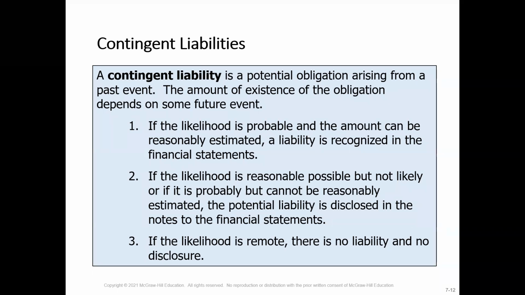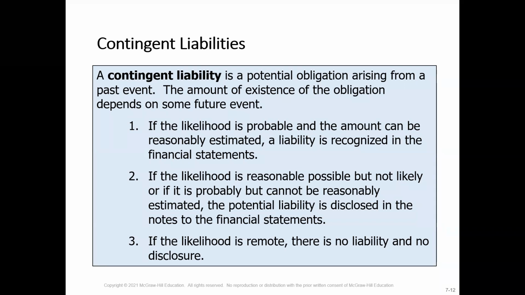But yeah, likely we're going to have to pay something. We don't know what. In that case, we don't recognize any liability, but we do disclose the facts and circumstances about the lawsuit, leaving parties' names out of it, of course.